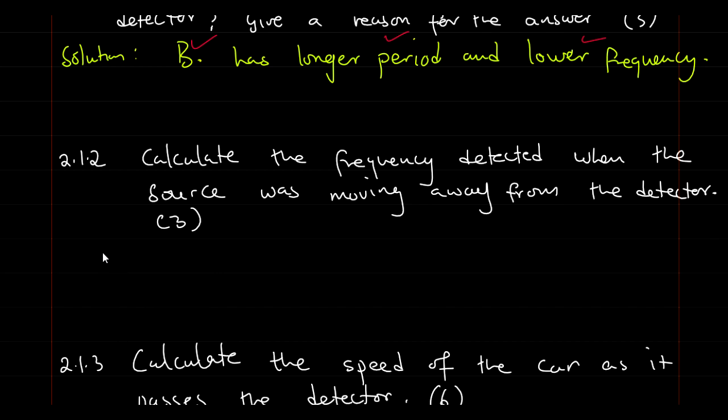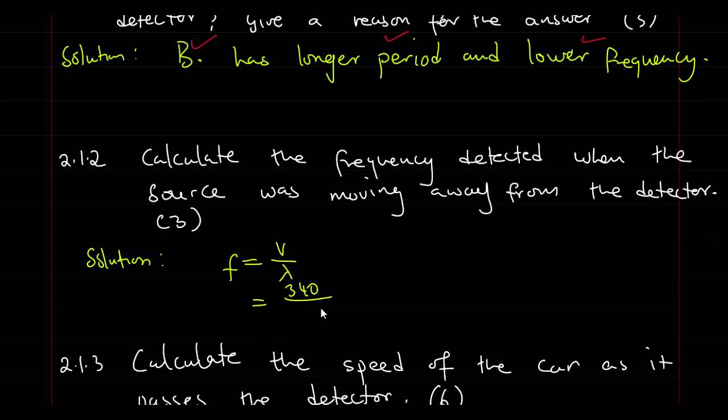Which formula are we going to use? Okay, so now we are going to use this formula. Frequency is equal to the speed of sound over the wavelength. We have derived this formula on the revision video.